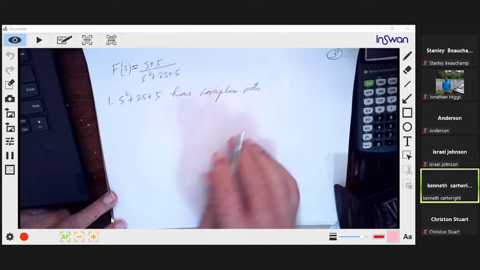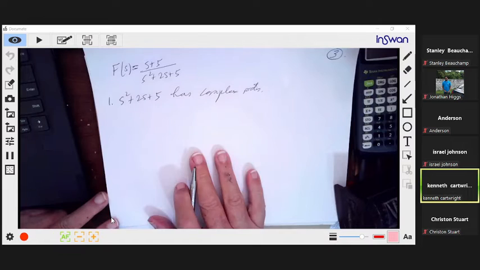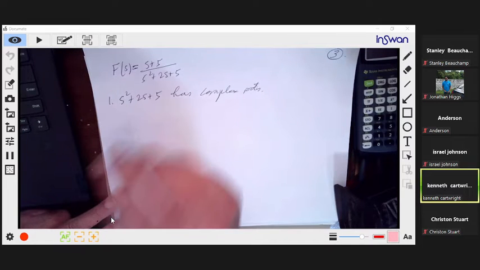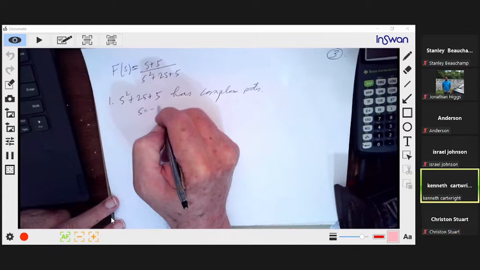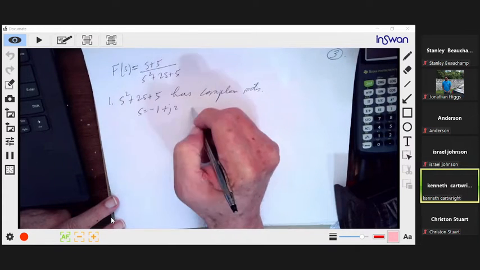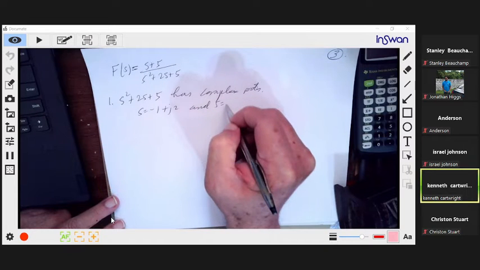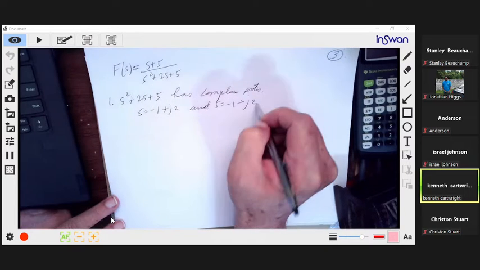To use this method, we need to know this quadratic has complex roots. And the roots, of course, are s equals negative 1 plus j2 and s equals negative 1 minus j2.